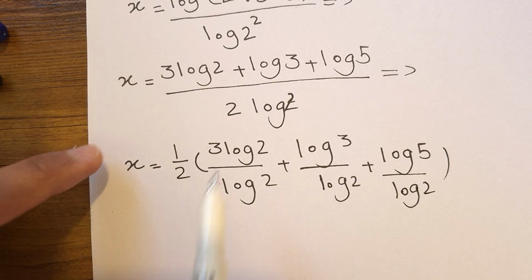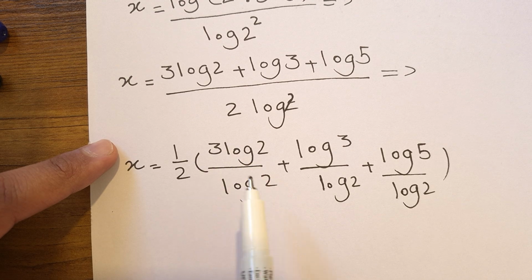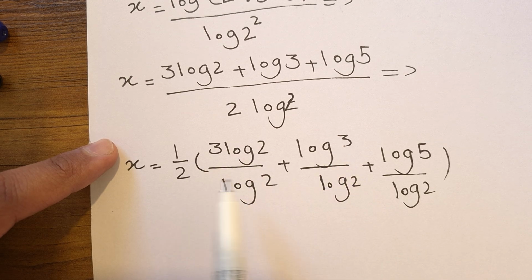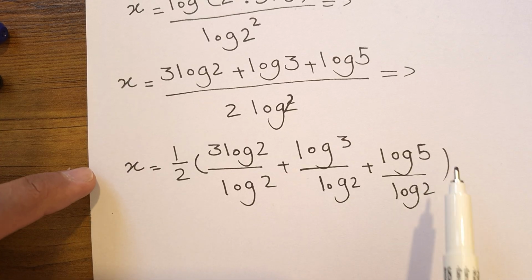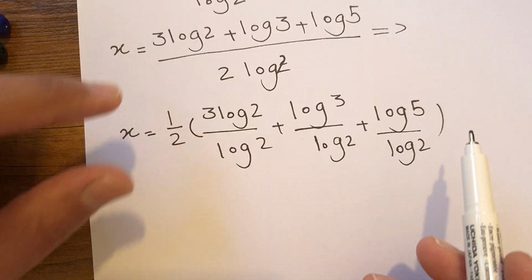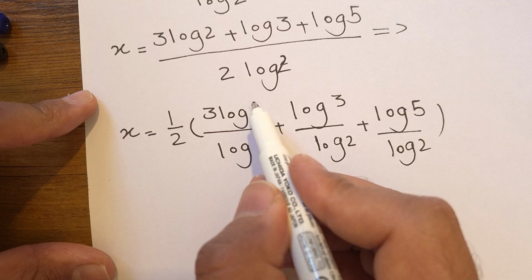Okay, so that's the same thing, right? So 3 log 2 over 2 log 2, and then log 5 over 2 log 2. And then we can just cancel the log 2 here.